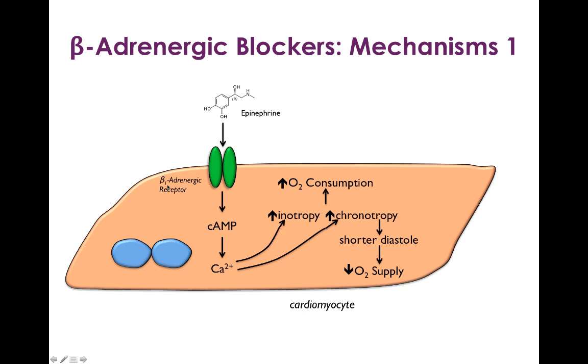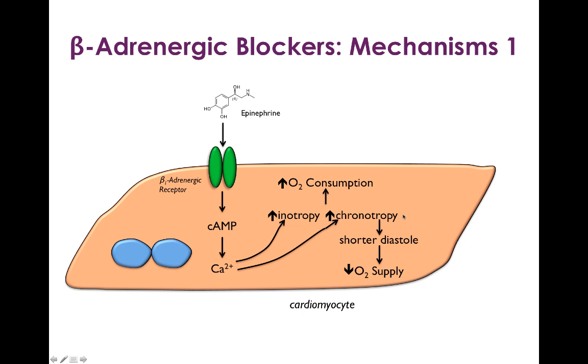And it's beta-1 because most of the cardiomyocyte adrenergic receptors are beta-1. That leads to cyclic AMP, which leads to calcium, which leads to increased inotropy and chronotropy. The increased inotropy and chronotropy mean increased oxygen consumption because the heart is beating faster and stronger.